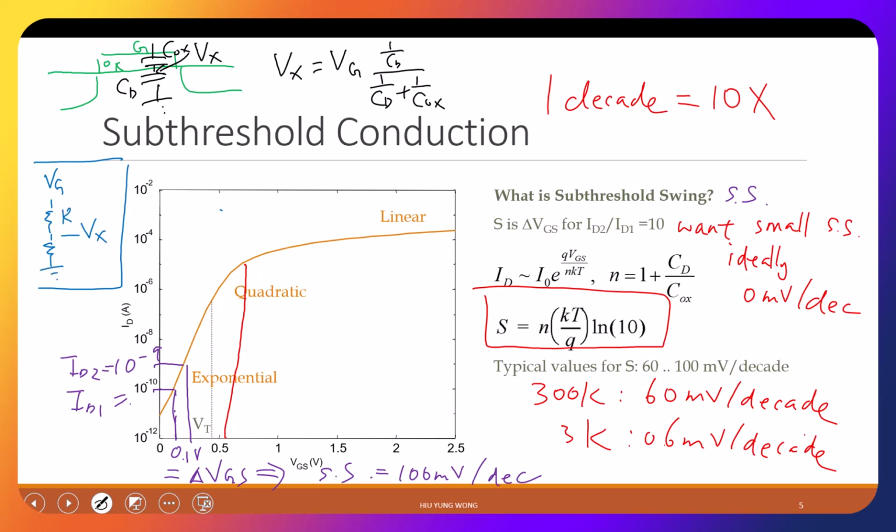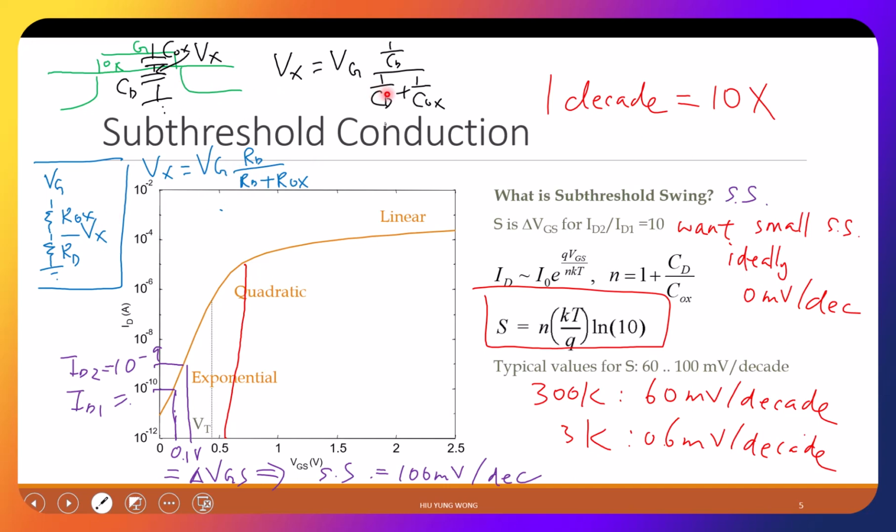This is Rox, this is Rd, for example. What is Vx? Vx equals Vg times Rd divided by Rd plus Rox. Are you okay with this equation? It's just a resistor divider. Vx at this point is just Rd divided by Rd plus Rox times Vg.